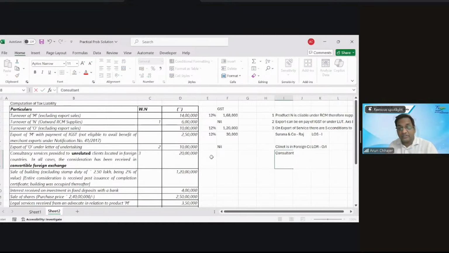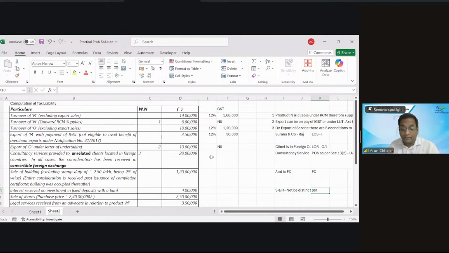Consultancy services not specified, so I can say place of supply as per section 13 subsection 2 is outside India, third condition satisfied. Amount in foreign currency, fourth condition satisfied. And last condition is supplier and recipient should not be merely establishments of a distinct person.